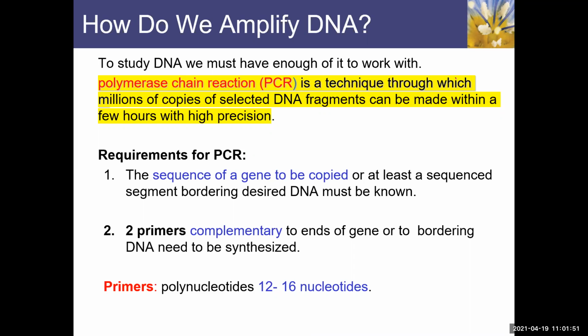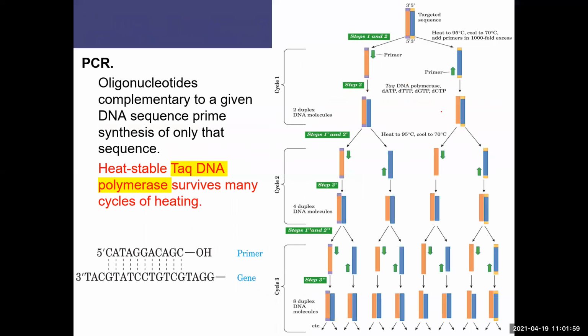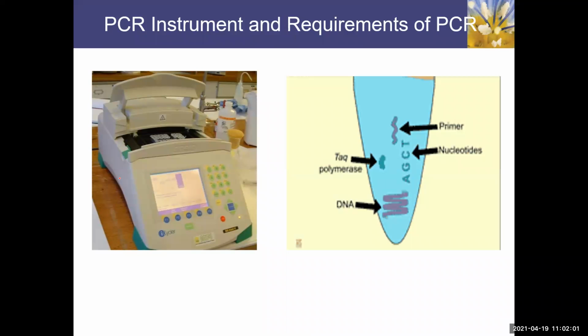You can say that PCR is simply replication, but in the instrument called the PCR machine. Replication is basically an in vivo technique within the cell, but here we are doing replication in the PCR machine, which is used to amplify the DNA.